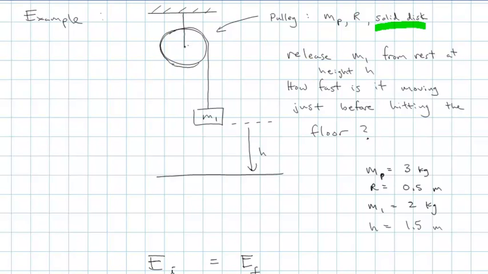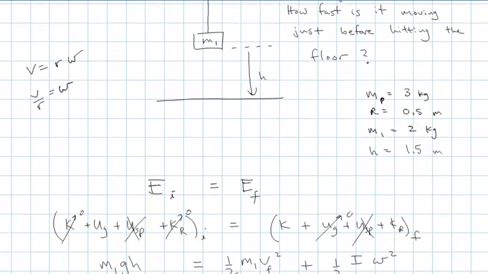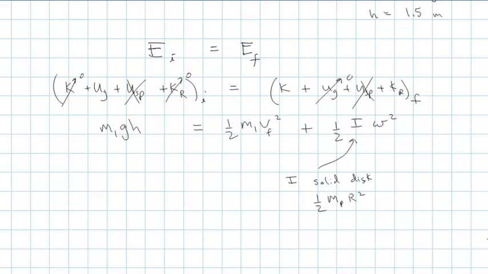And the rope is located out here a distance r from the axis of rotation. The velocity of the rope on the rim of the pulley is equal to r times omega. So instead of using omega, I'm going to use v over r. And what v is it? It's the velocity of the rope, which is the same as the velocity of M1.